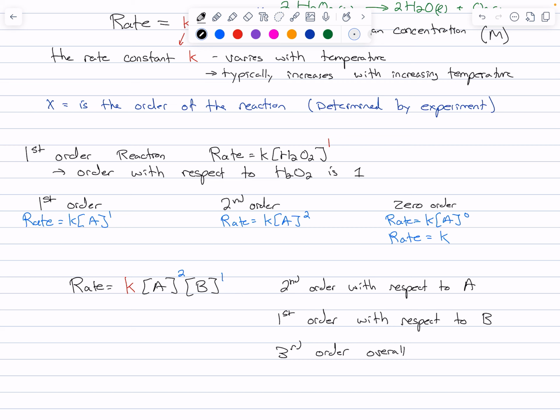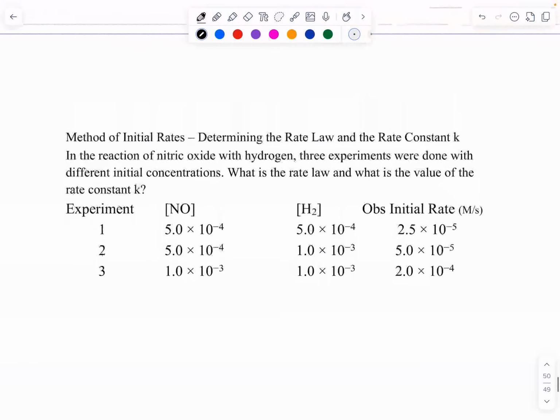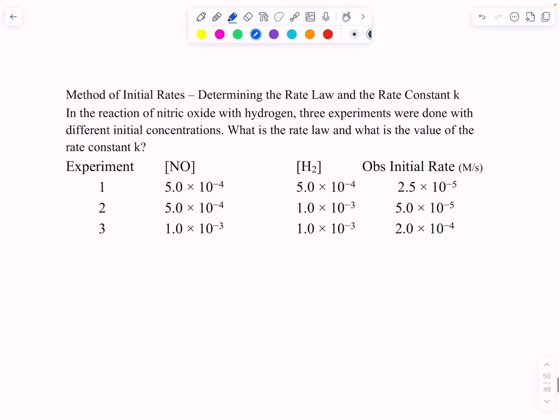So let's dive into an example and how this is determined, and hopefully this will then tie it together with the method of initial rates. This is how we determine the rate law.